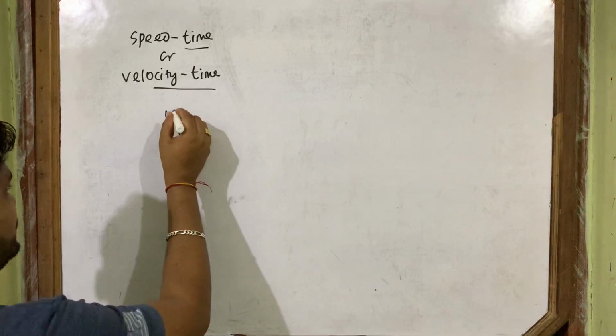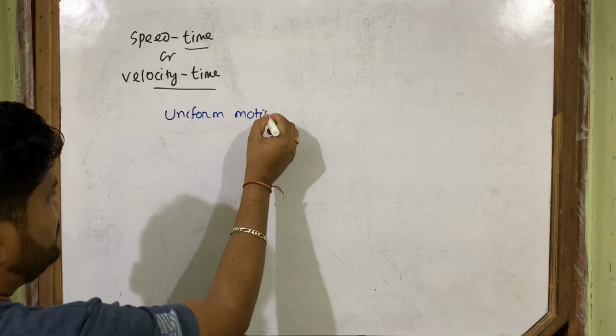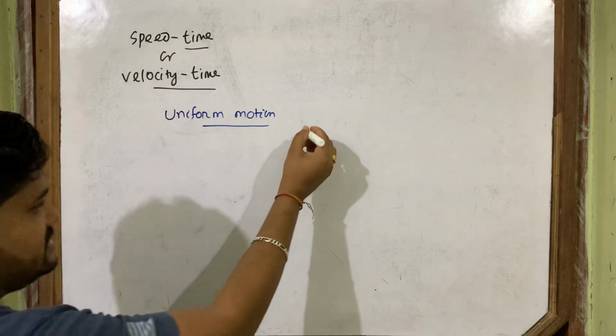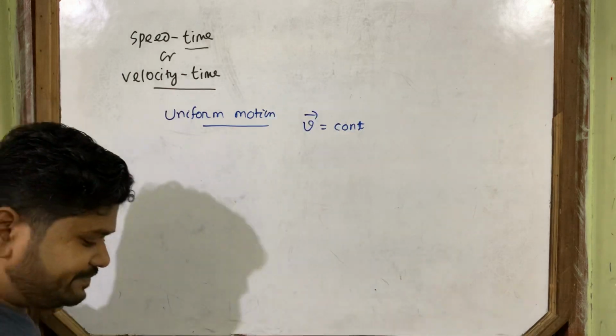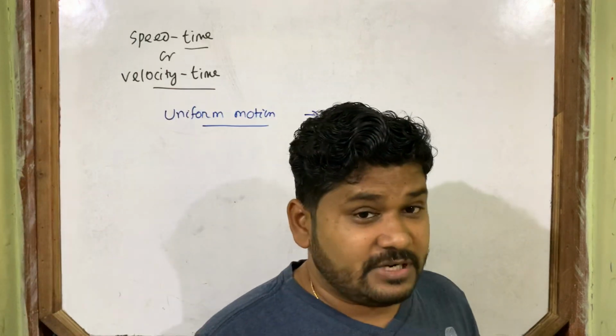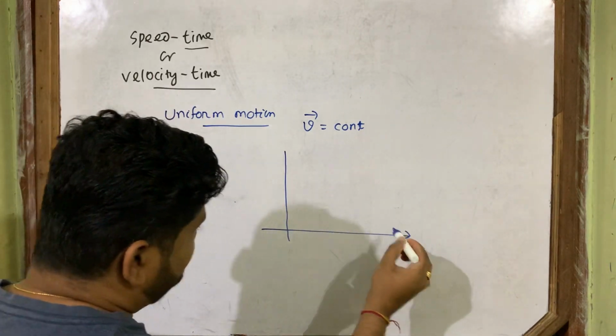If the body is in uniform motion, you know that velocity is constant. Velocity will not change. Now let's draw the graph.